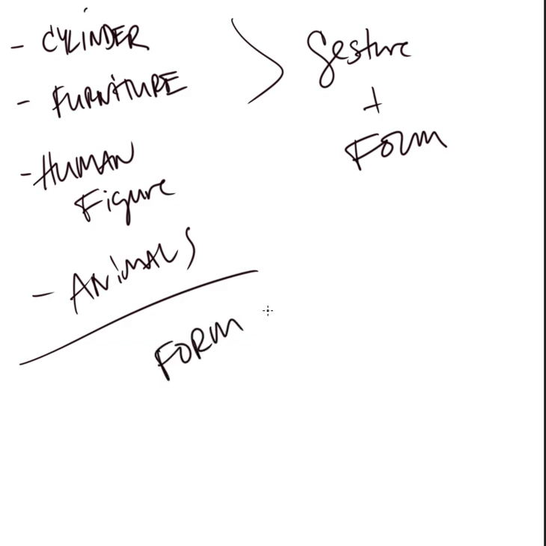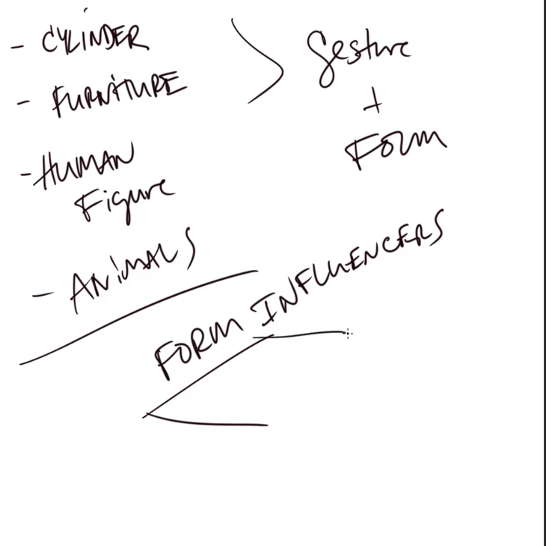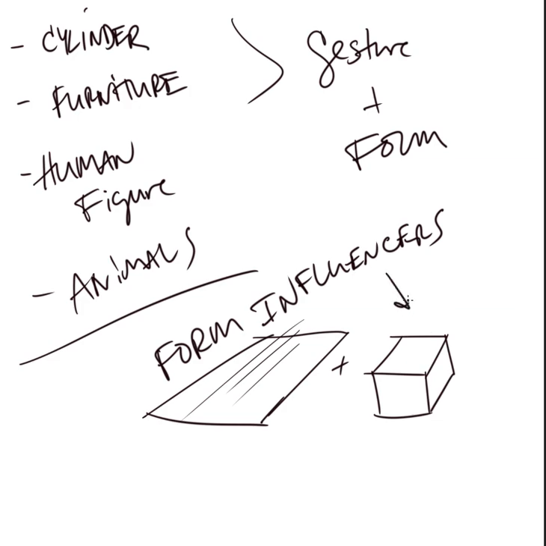What does that mean? That means that, again, as you're drawing, what's underneath the drapery. So again, we have the drapery, which in itself is pretty nondescript, right? But then we have a box here, which is a form influencer, and then we put the drapery right over the box.